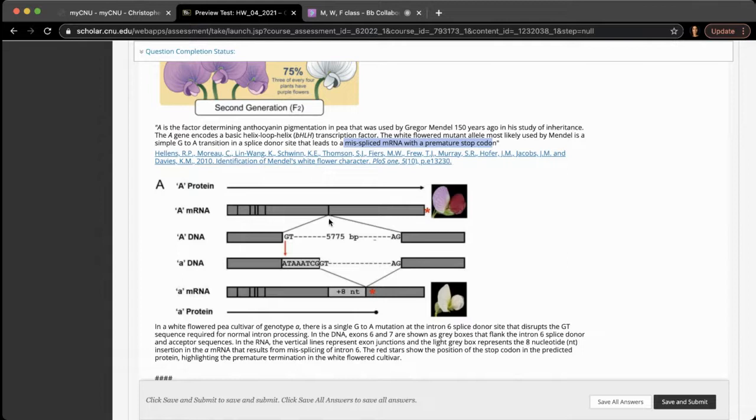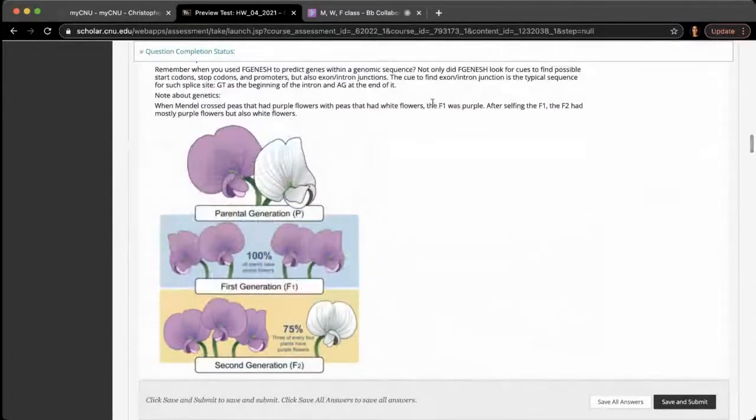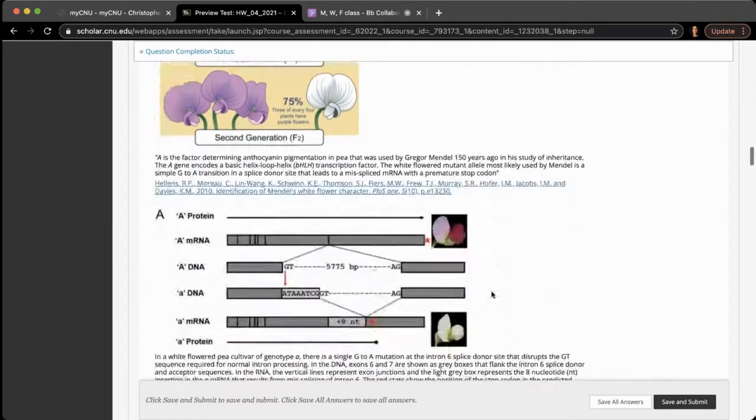What's important about this spot is that this is the splice site that tells where to remove an intron or not. So that GTAG that I mentioned up here. GTAG is that sequence there.